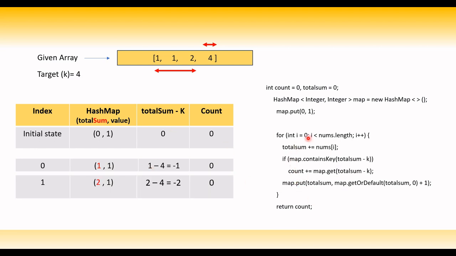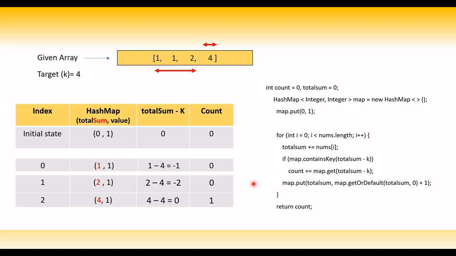Then in the second iteration, we'll be visiting the second index, that is 1. So the total sum by now will be 1 plus 1, 2, and then 2 minus k. k stands for 4, so 2 minus 4 will be minus 2, and there is no key in the hash map which is equal to minus 2, so as a result the count will be as it is, which is 0, and we'll simply insert this total sum value into the hash map.